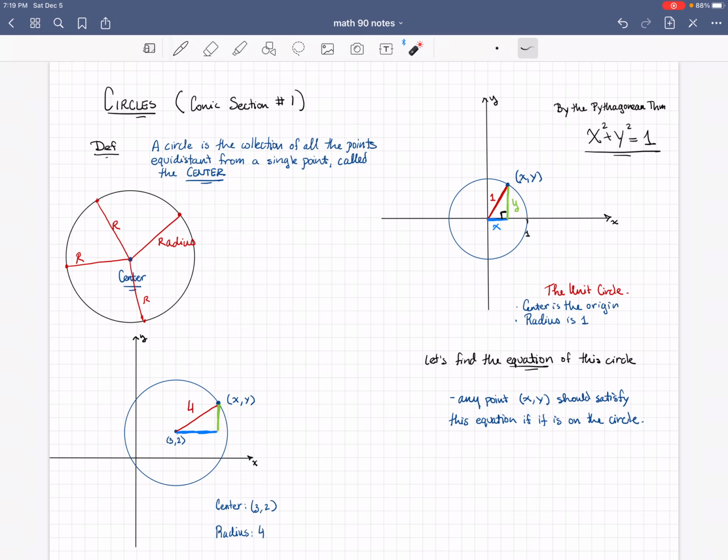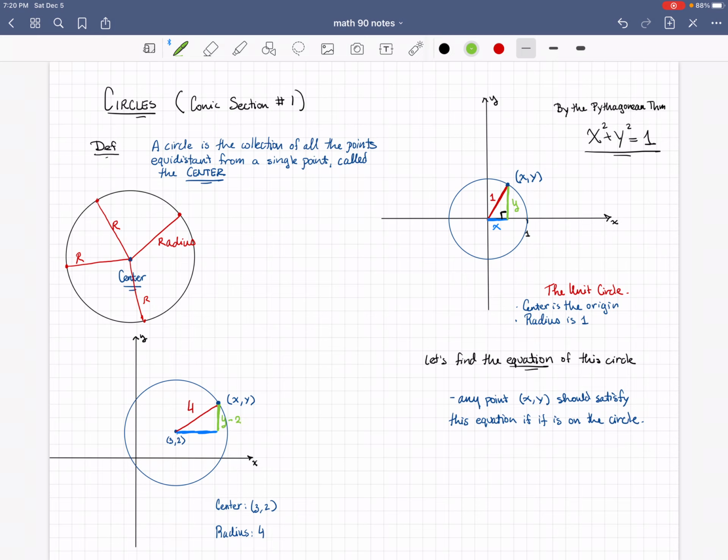You're right. This green line stops at the point (3, 2). It doesn't go below it. So that means that this distance here is 2. So again, if it had gone all the way down, it would have been y, but it stops short 2 units. So in fact, the green distance is y minus 2.